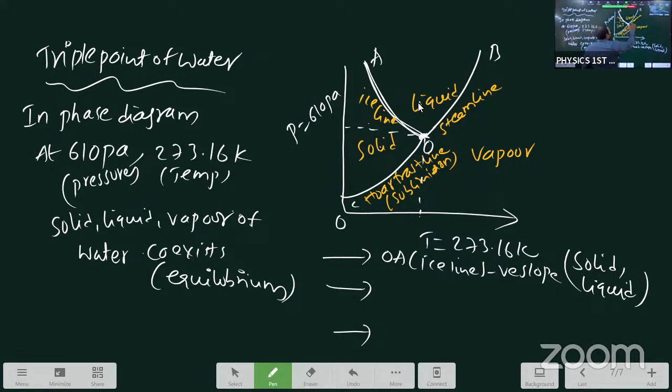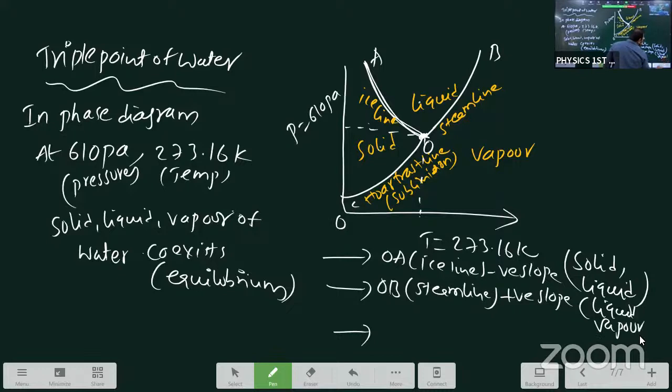Next one is OB, positive slope, liquid and vapor: the steam line. Solid and liquid coexist, ice line. Liquid and vapor coexist, steam line. Solid and vapor coexist, that is nothing but the sublimation line, students.